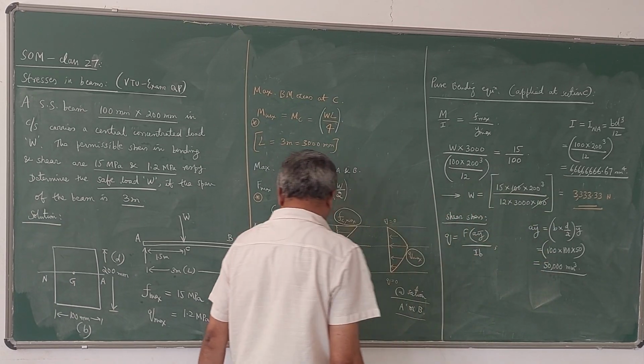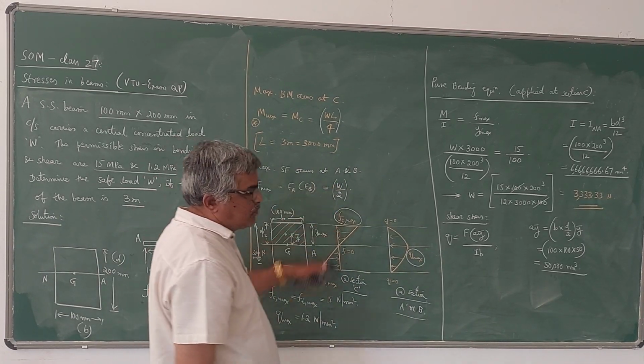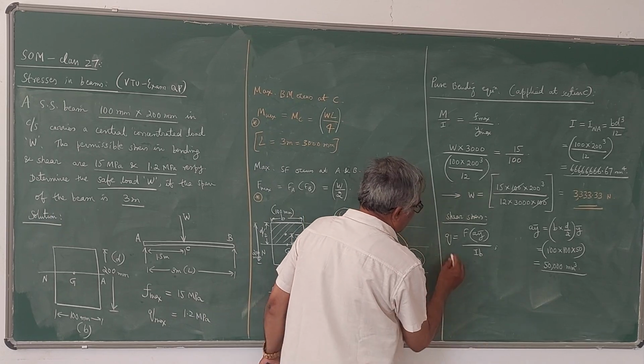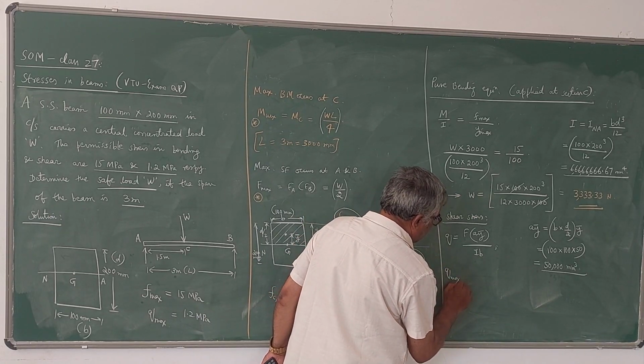F is nothing but W by 2, because I have to apply at section A or B. So now I will write Q max at the neutral axis level.